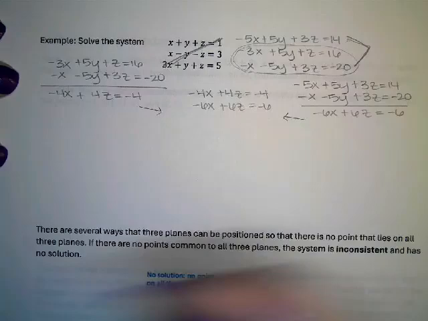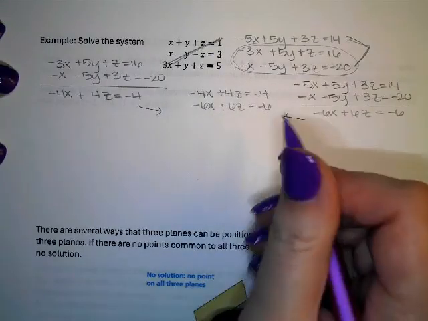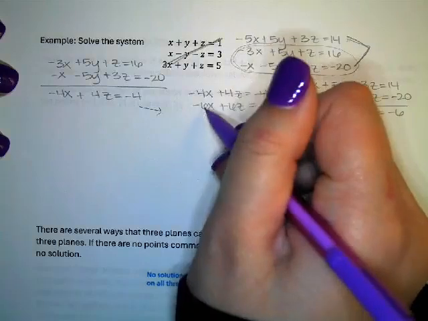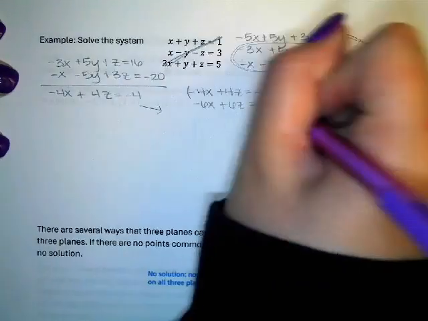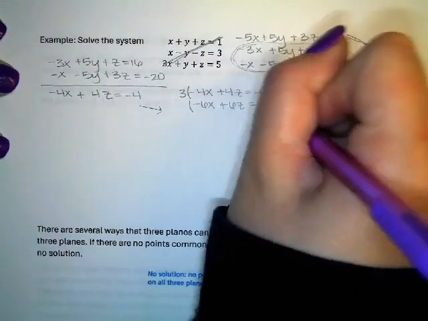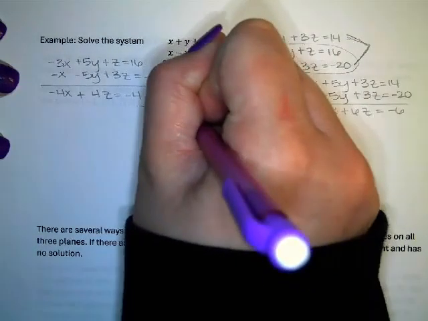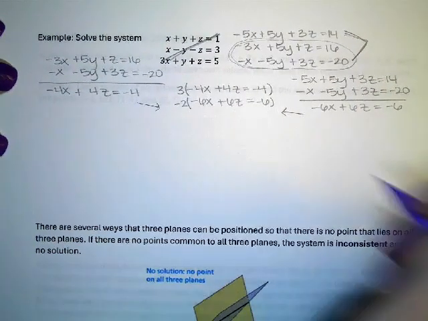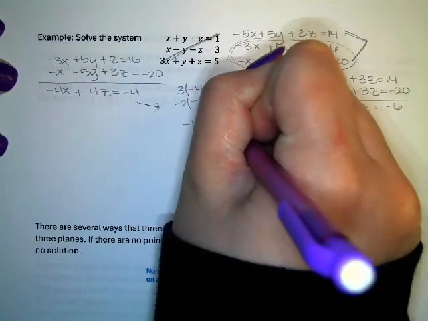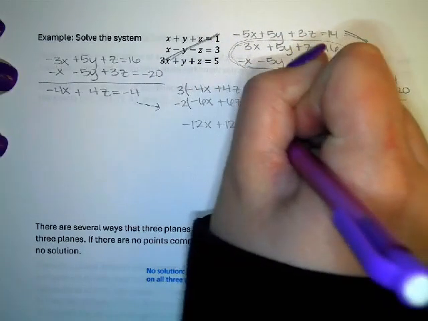I'm going to make them both 12. I'll take this one and multiply it by 3 to make it negative 12, and I'll take this one and multiply it by negative 2 to make it positive 12. So negative 12x plus 12z equals negative 12, and 12x minus 12z equals positive 12.